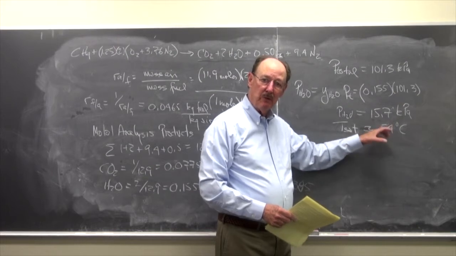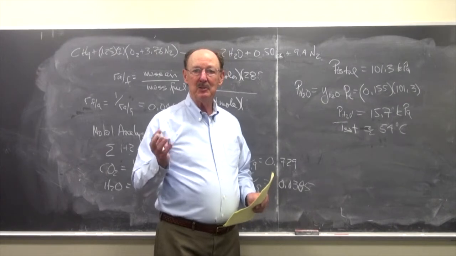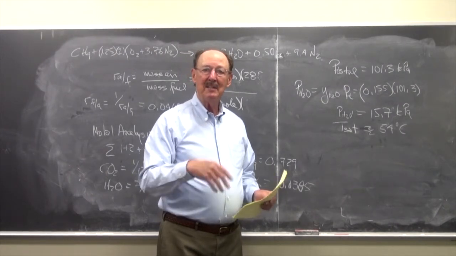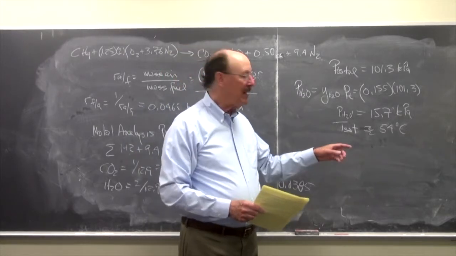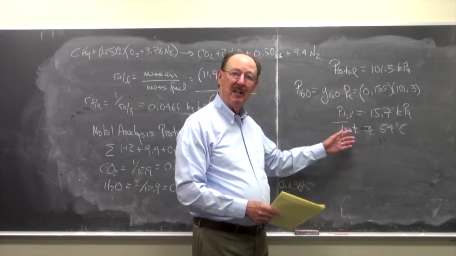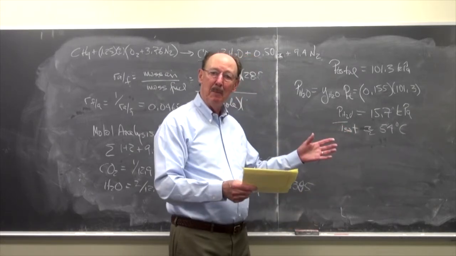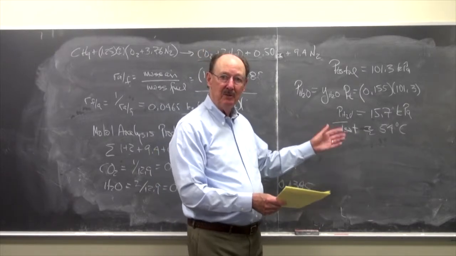You'll get liquid water. Now you see this when you start up your car in the morning and it's cool out, your water comes out the tailpipe. Why is that? It's because the temperature of the products, because everything is cold, is below the dew point, and then there's condensation. Once everything heats up, then there's no condensation. You don't see it.